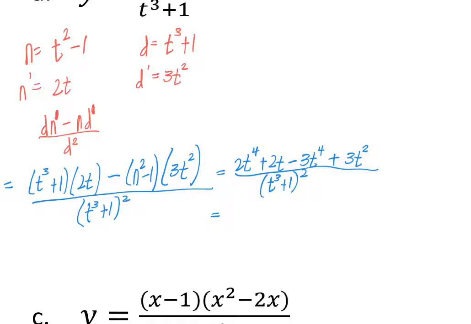So 2t to the fourth minus 3t to the fourth is negative t to the fourth plus 3t squared plus 2t, all over t cubed plus 1 squared.